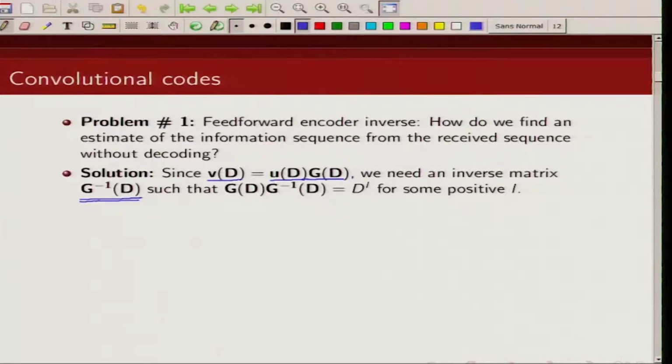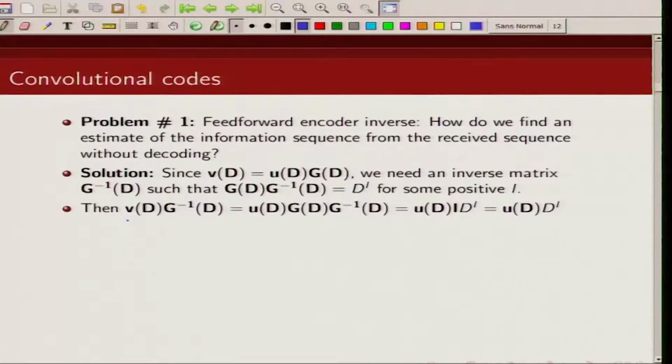If there exists a feed forward inverse, then if from the received sequence we just multiply by the encoder inverse, we can get back our original information bits without decoding, after some delay D to the power l. So, we are interested in finding this encoder inverse.